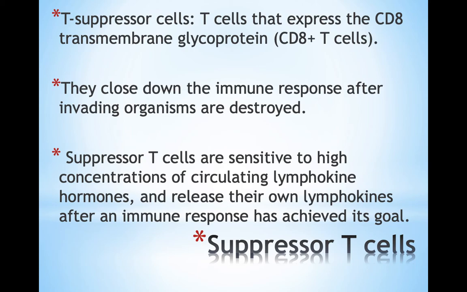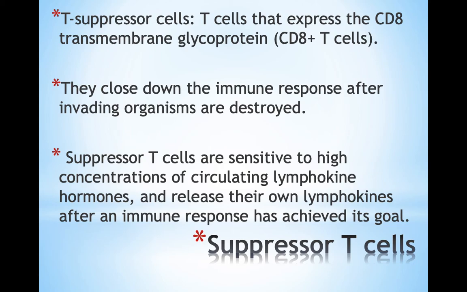So when the invading pathogen is no longer present, T suppressor cells will now be ready to inhibit all the mounted immune responses. So that is what they do. If the invading pathogen is already destroyed, then they deactivate the immune response. They are the ones responsible for telling the effector T cells to stop the attack, to stop the mounted immune response.